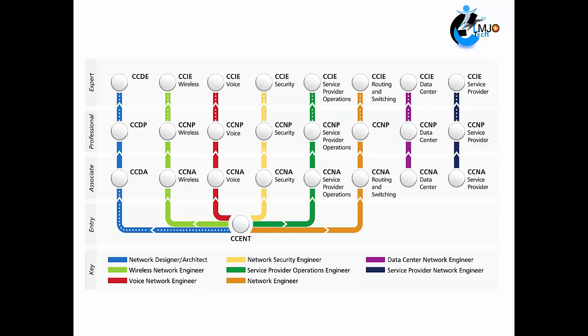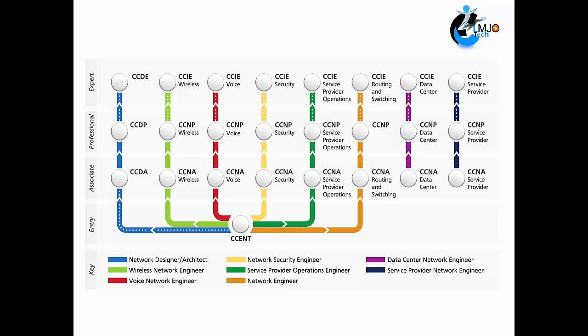After that you go to CCNA voice, CCNA security, and CCDA. If you want to work in small to medium level businesses, you can select these paths, because security, routing, switching, voice, and wireless are some of the most important things that every organization needs from you.